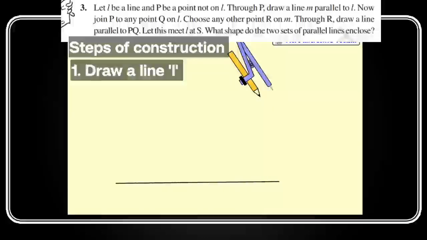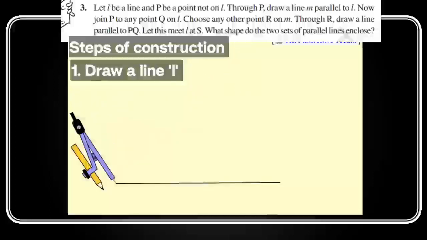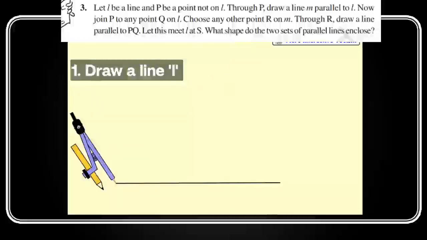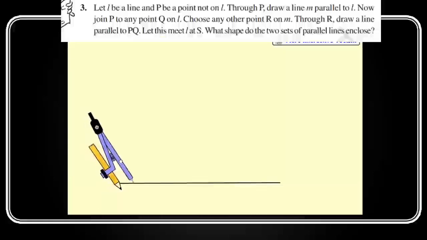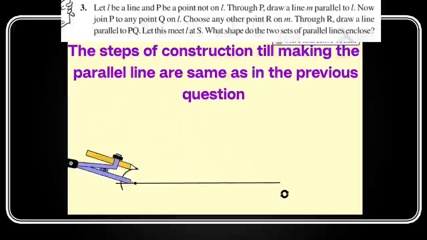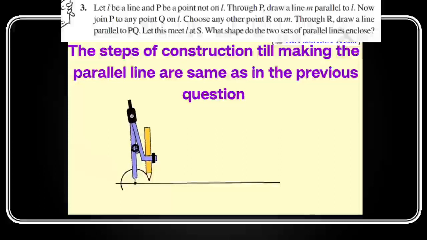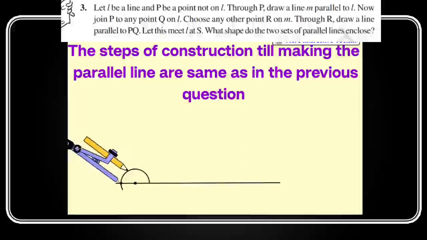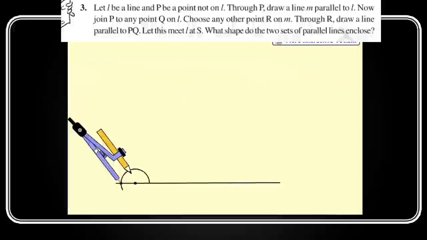Let L be a line and P be a point not on L. Through P, draw a line M parallel to L. First of all, draw a line L. We are drawing a perpendicular to the perpendicular, as we did in the last question, to draw a parallel line passing through the given point P. So, we are repeating the same steps. That's why I am not writing the steps of construction again.